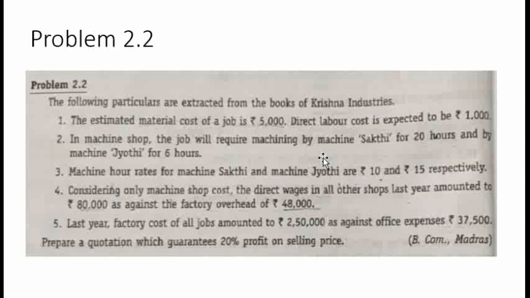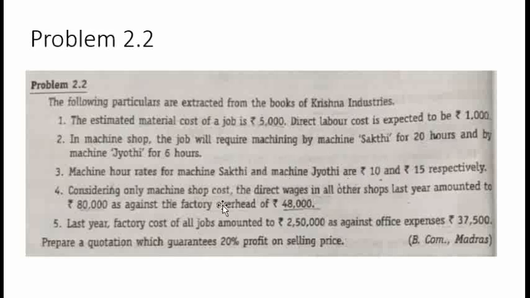Factory, administration overhead, or selling and distribution? A machine is always placed inside the factory. So any expenses related to the machine belong to the factory, and your machine hour expenses will be in your factory overhead.